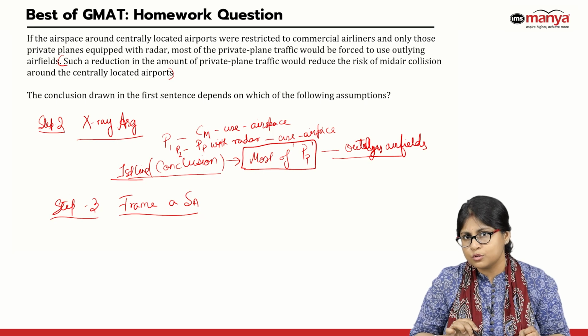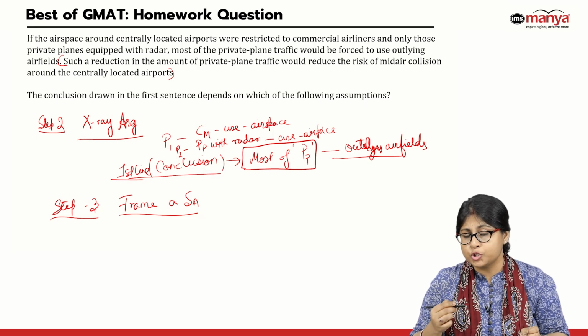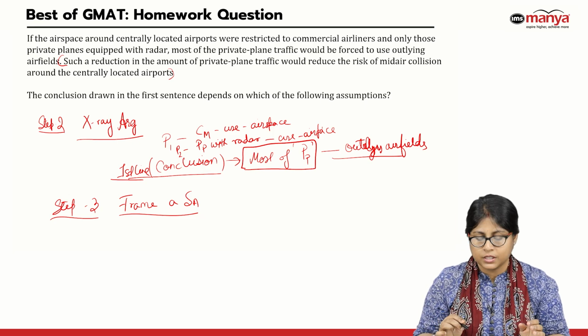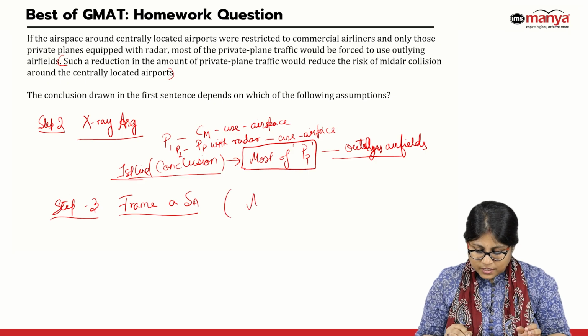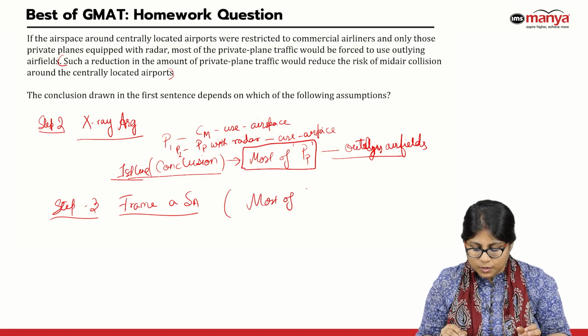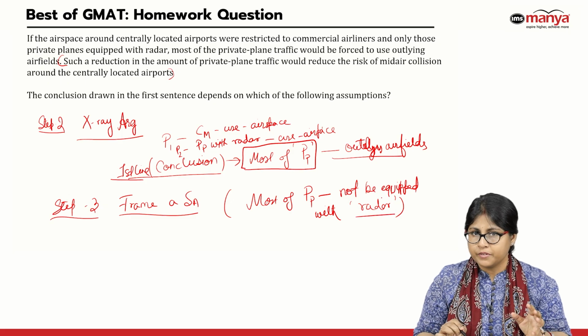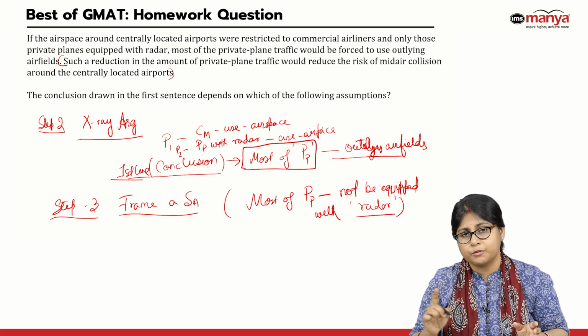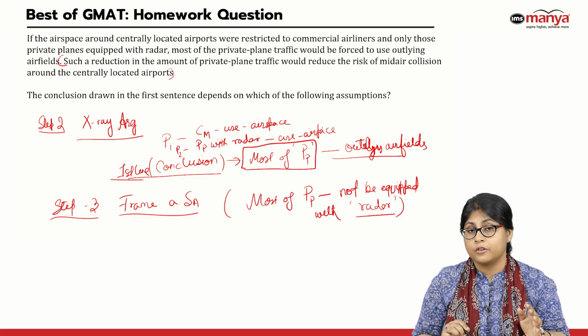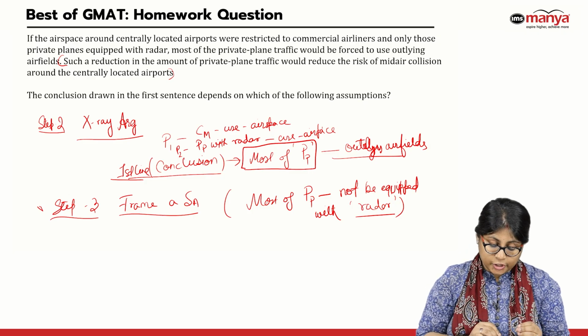So who are the ones going outside? If the majority of them are going outside, we are somewhere assuming that most of these private planes would not be equipped with radar, isn't it? That's our assumption, and that is the reason they would be forced to move outside. This is our shadow step.